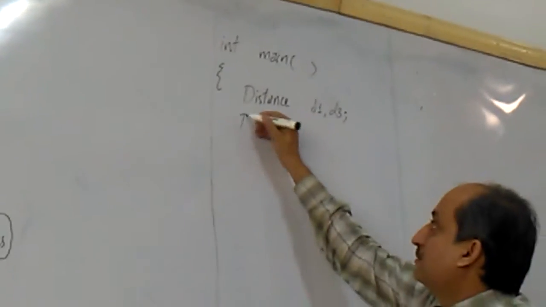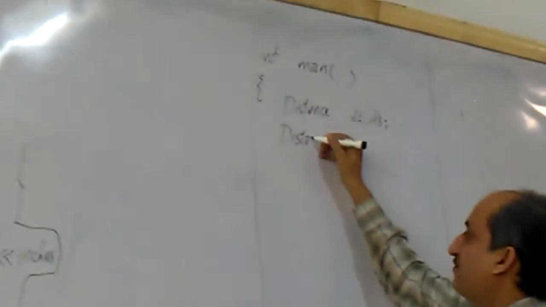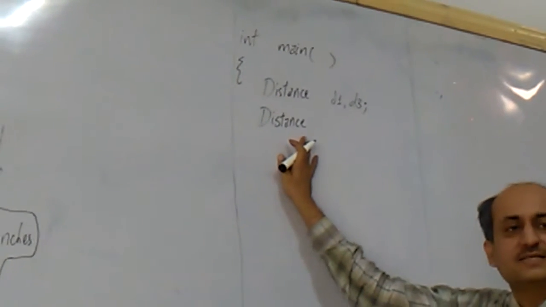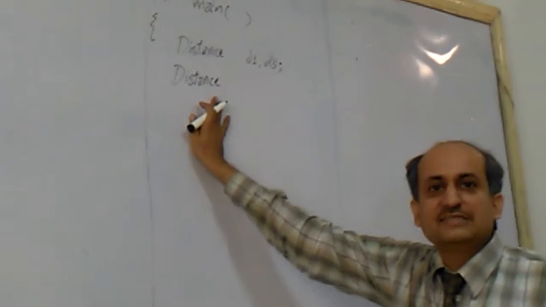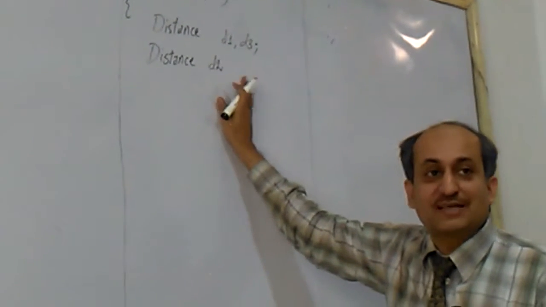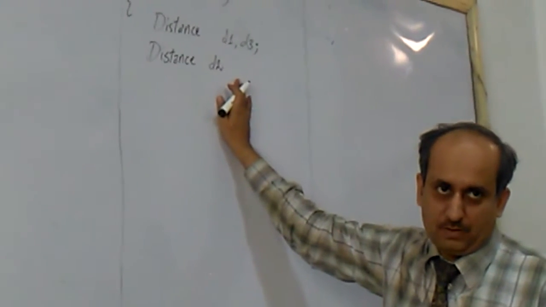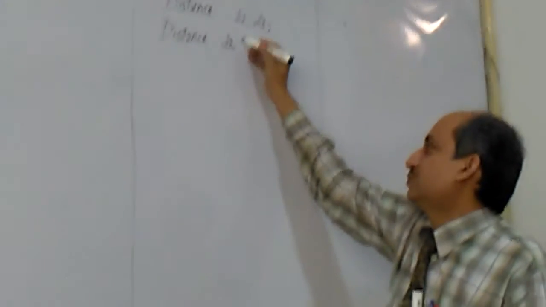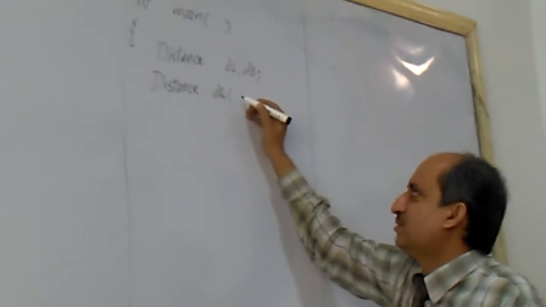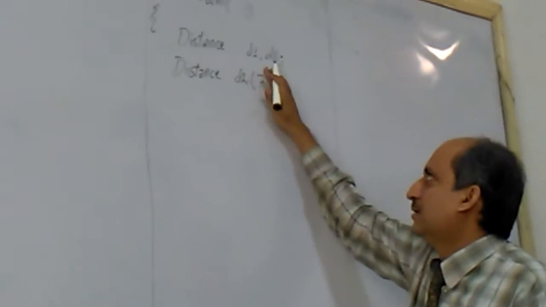Okay. Now we also want to create another instance of distance class, that is D2, which we want to initialize inside the main program. And suppose we want to give 7 feet 8 inches value, or any suitable value you can give to it.